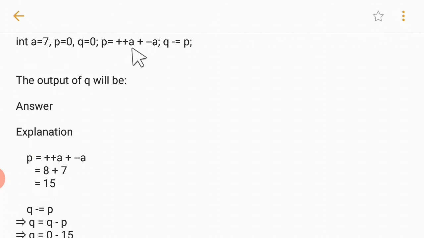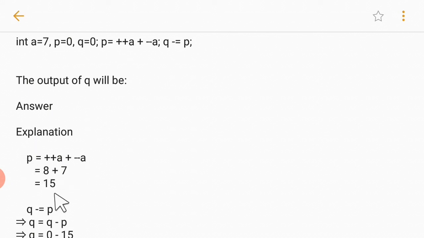Then P = ++A + --A; Q -= P. So one part is P = ++A. A is 7, so it will become 8 because it is pre-increment. Then again --A, this is pre-decrement. So this 8, the previous value of A, will be reduced to 7. So 8 plus 7 is 15. So P will have the value 15.